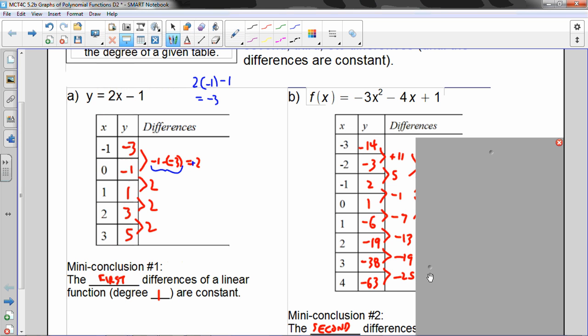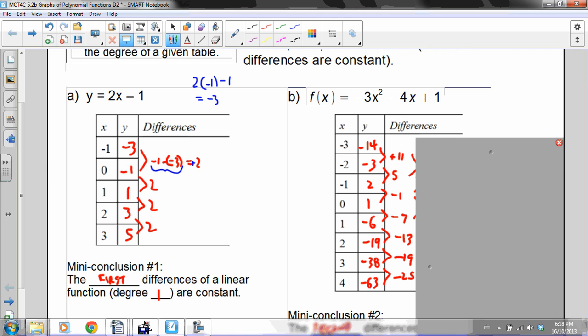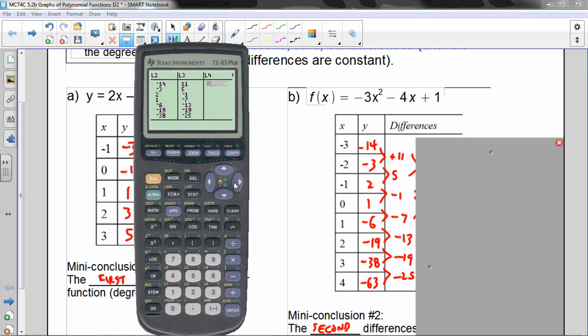There they are, and notice none of them are constant yet. If you remember back to grade 10, it's the second differences that are constant, so this row should be constant. I can just do this again, as often as I want, until they're constant. The change in list 3.